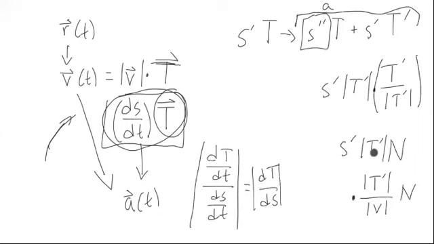But I can't just replace T prime by this. I have to multiply by the absolute value of v. And notice what I end up getting is this, right?